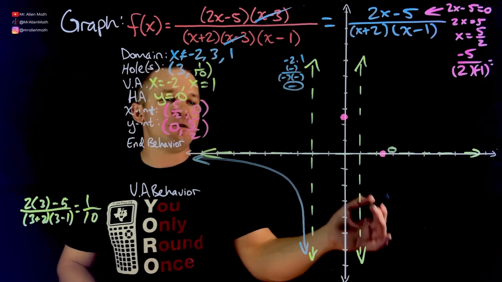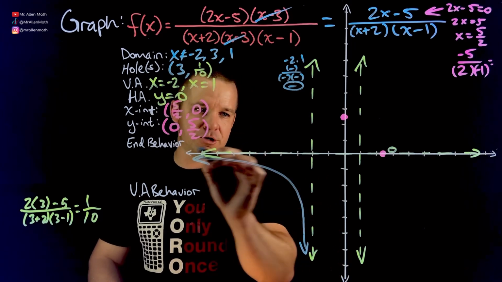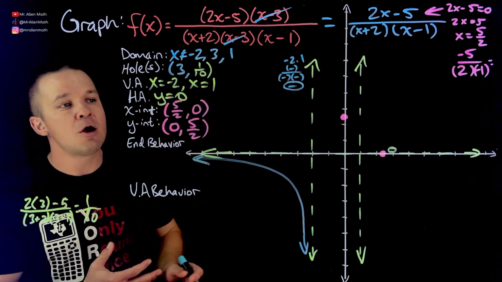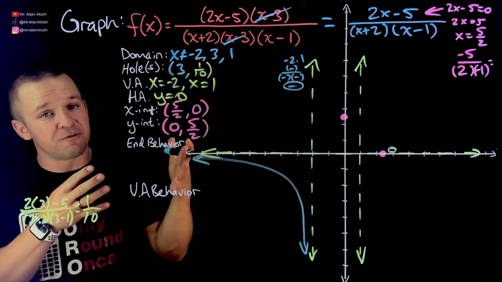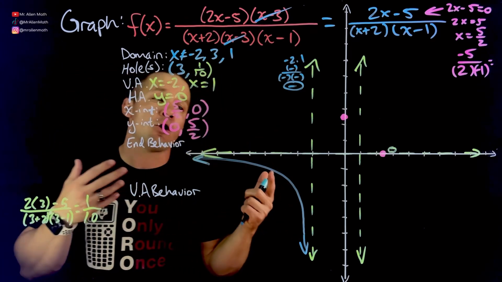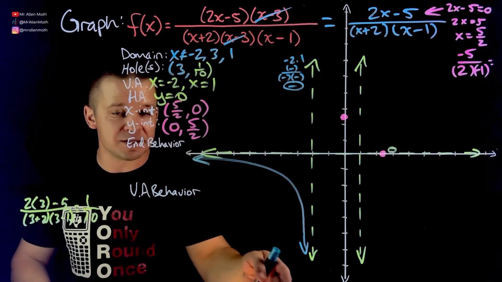If you plugged in values and evaluated, you'd see points roughly in this fashion right here, okay? But generally speaking, your teachers are just going to ask you to put the key features: your vertical and horizontal asymptotes or oblique, your intercepts, and any holes, your removable discontinuities, which we've done all of that. Now I'm just placing this thing, okay?